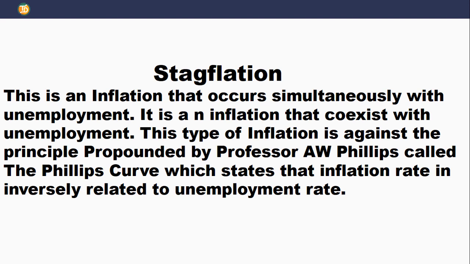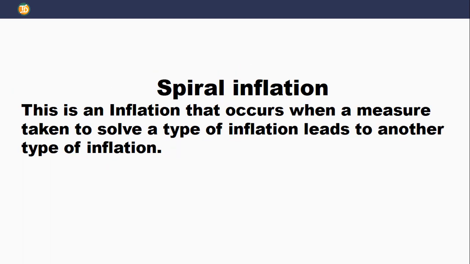All right. So in South America and Africa, we have cases of stagflation because we have inflation rates occurring simultaneously with unemployment, which is against the principle propounded by Professor A.W. Phillips in Phillips curve.